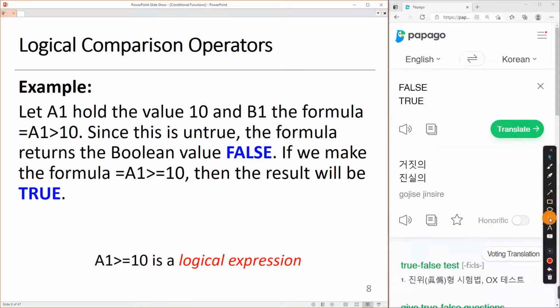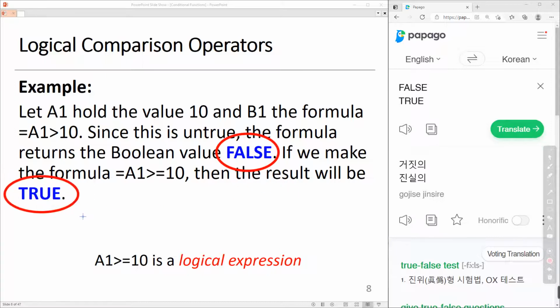The first value is false, right, as you already noticed, and the second value is true. So we have only two values, false or true, right? So for computations it is not that useful. Why? Because it returns text, right? False and true are some words.